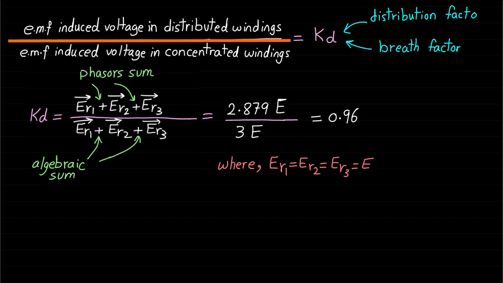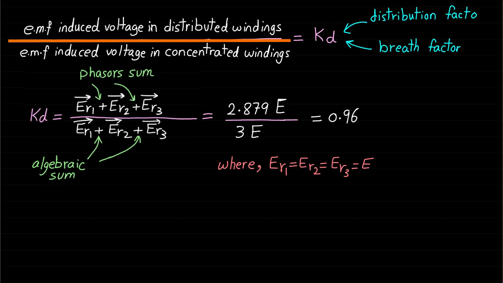The distribution factor of 0.96 means that the phase-induced voltage in the 3 distributed coils will be only 96% of the phase-induced voltage of the 3 concentrated coils.